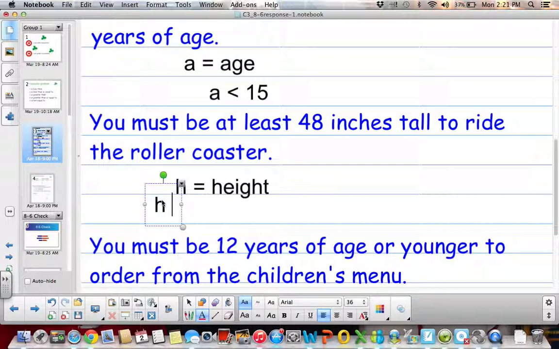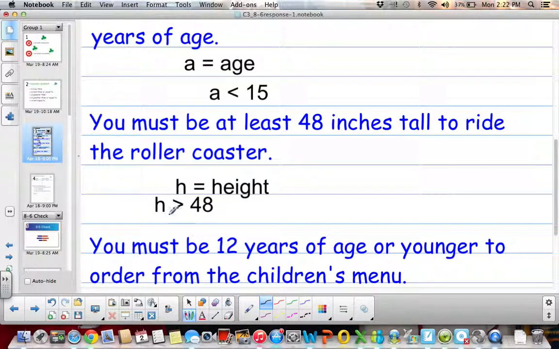No, because I'm not at least 48 inches. But if I'm 50 inches, I can ride it. So it has to be greater than 48, but at least 48 inches means it can actually be 48 or taller. So it would be H is greater than or equal to 48.